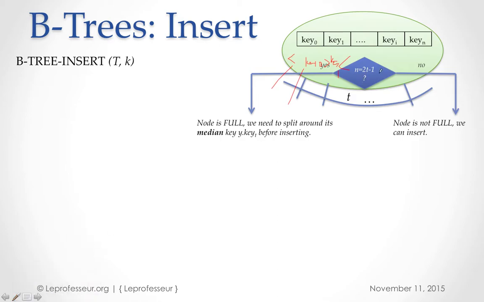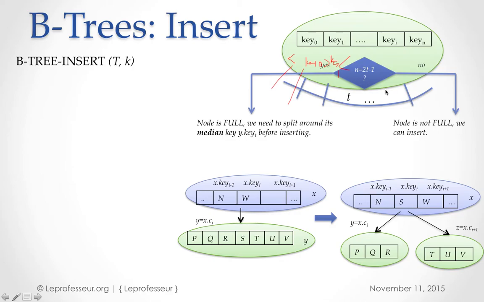If we want to insert another key at this node, how do we do that? We first check if the number of keys stored at this internal node is equal to 2t minus 1; then we have to split that node. Otherwise, the node is not full, and we can simply insert.